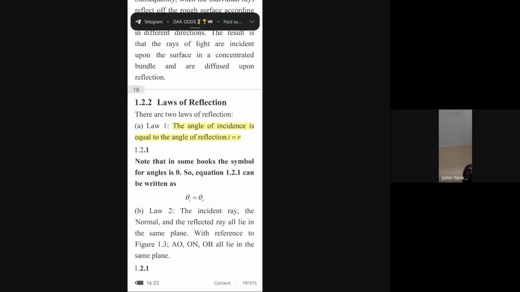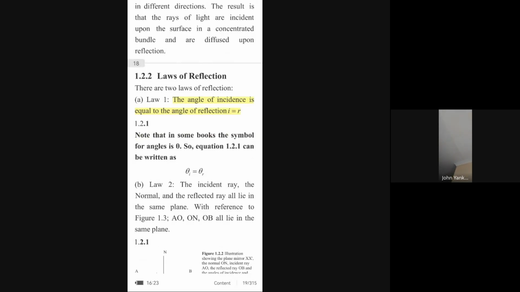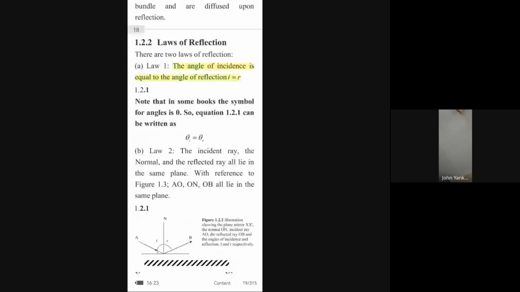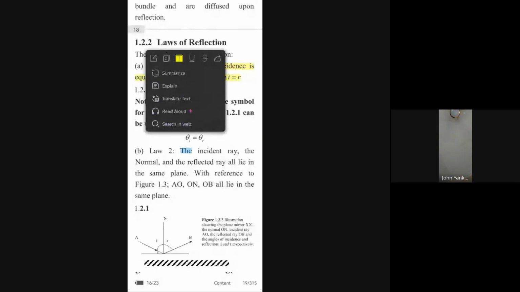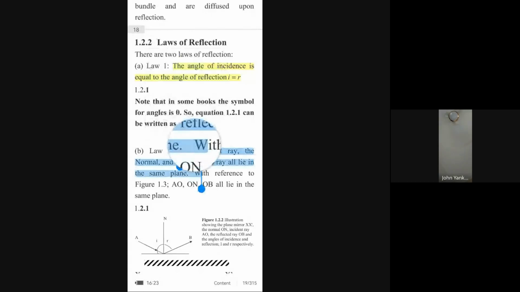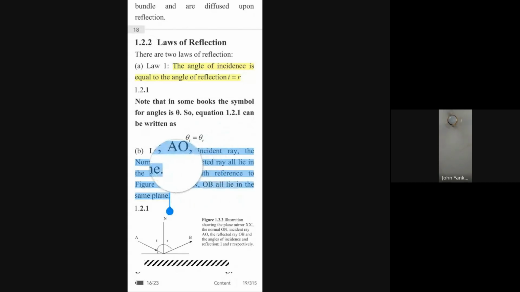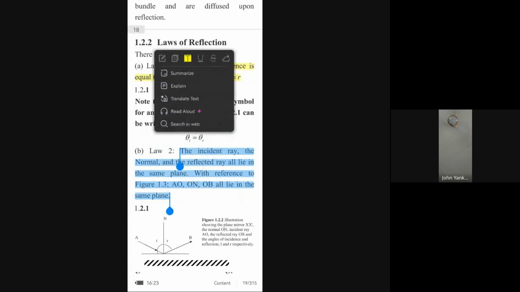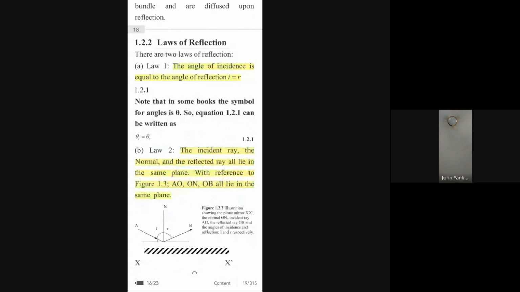Now, the second law. When you draw reflection on your paper, you draw a line representing the mirror, and then a line representing the incident ray, another one the reflected ray, and another one the normal.